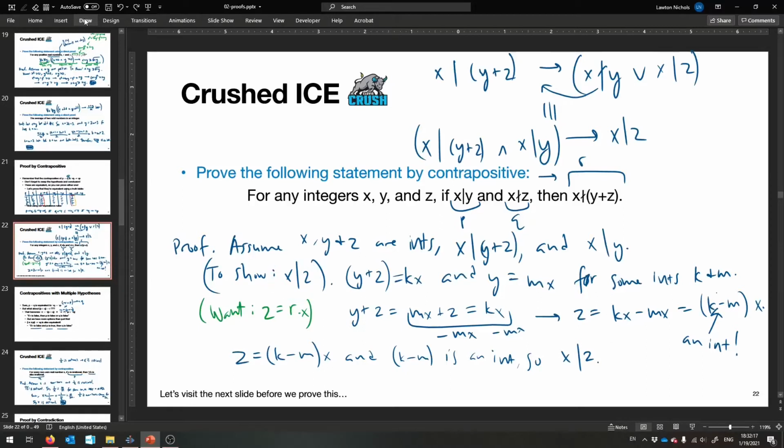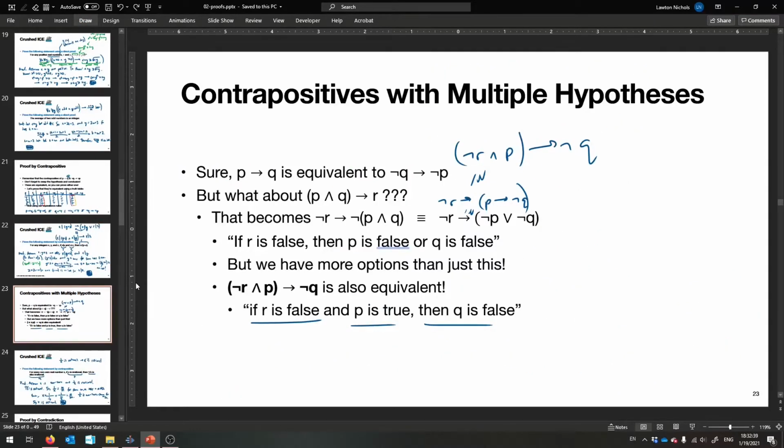Okay, and that is the entire proof. Isn't that fun? QED is what we were trying to show. We have proven the contrapositive of this statement by saying that if this is true and that is false, then this is false, is the idea. Okay, so that's the contrapositive, and we've looked at this slide, and it is very useful.